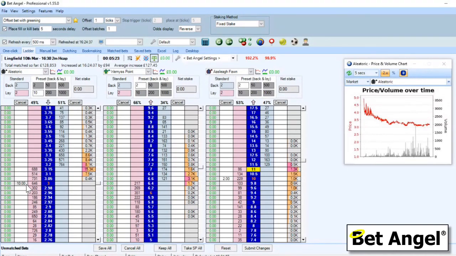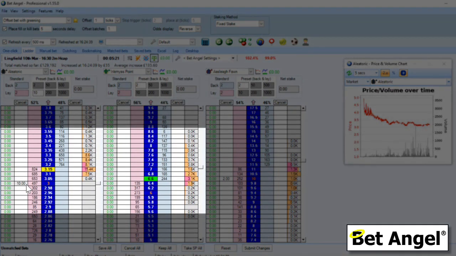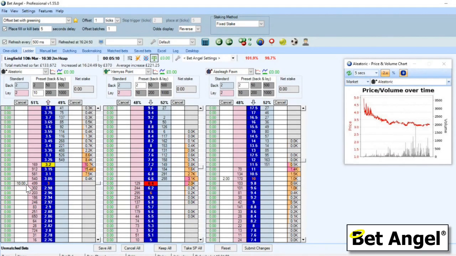All I'm doing here is watching where all of the money is in the market intensely. So I'm watching the money at 3.2 and 3.15. I'm just trying to see if there's a trend developing within the market. If there is a trend, it's quite weak.